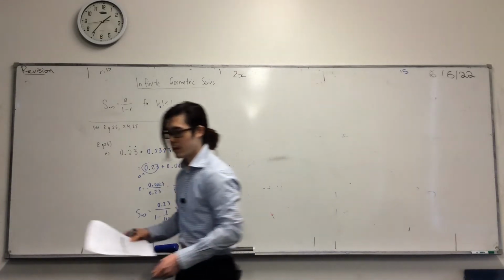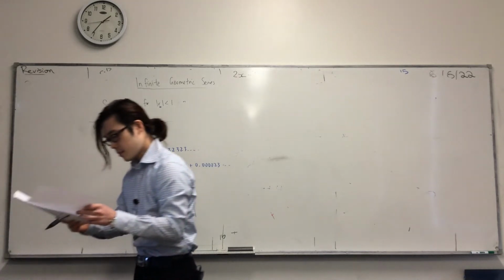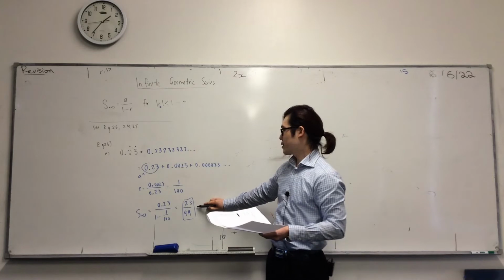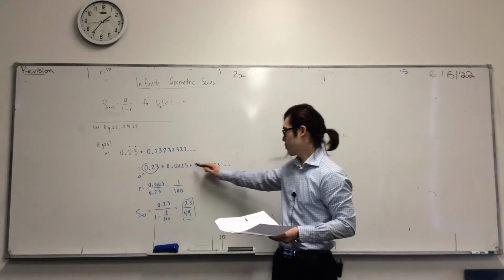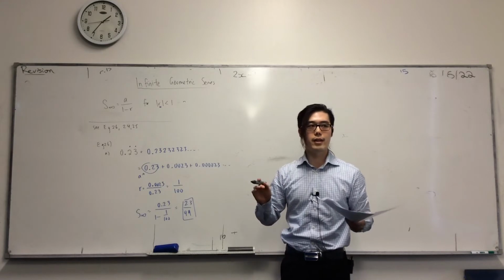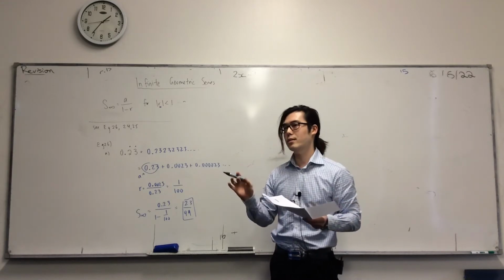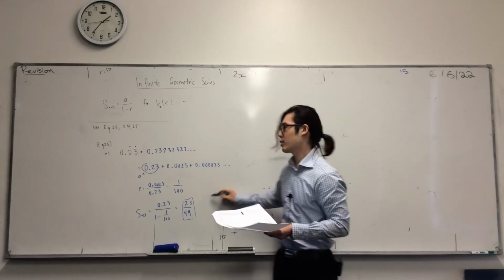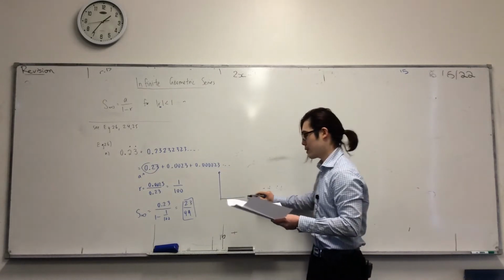Okay? So my point is, what you're doing here obviously represents the sum of an infinite number of terms. But when I say infinite, it does reach a certain limit or a certain point. That's that number. Okay? Graphically, think of it as an asymptote.